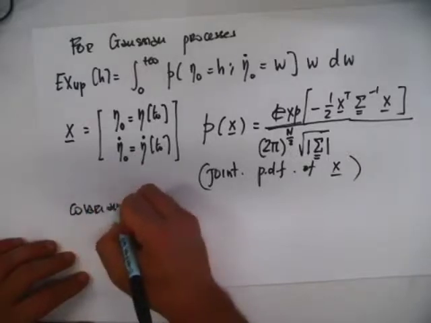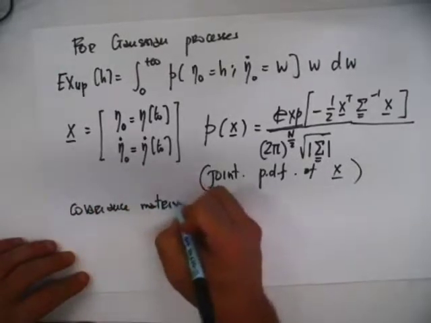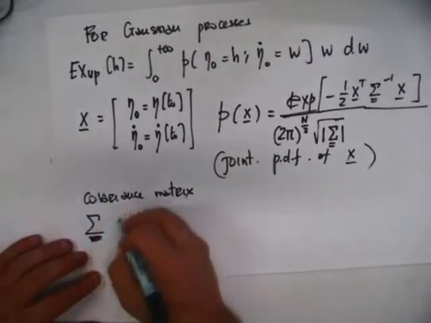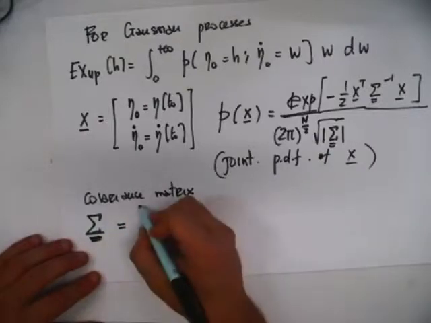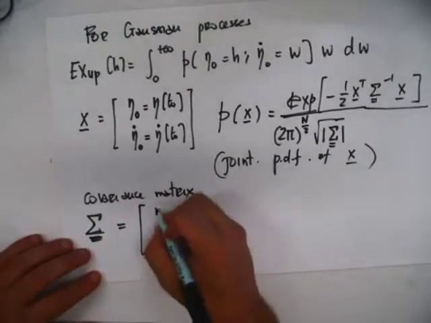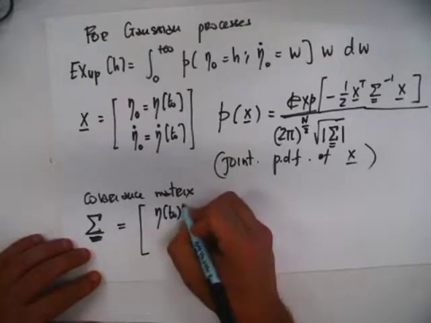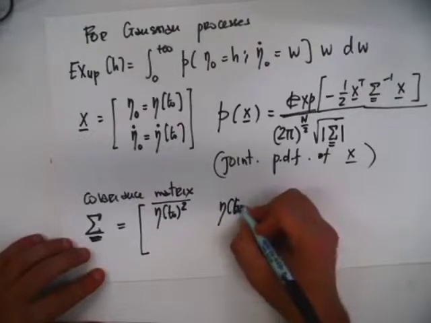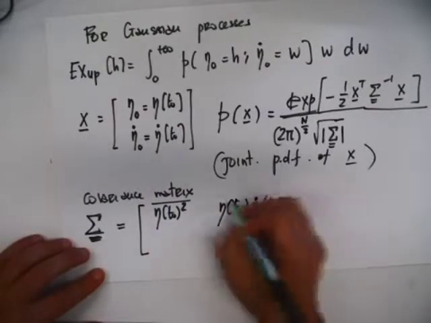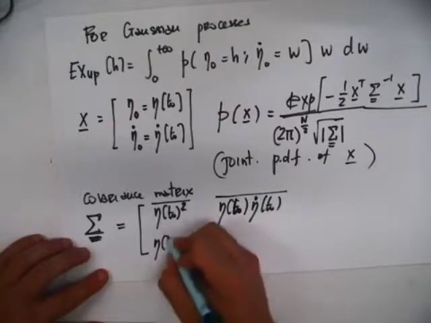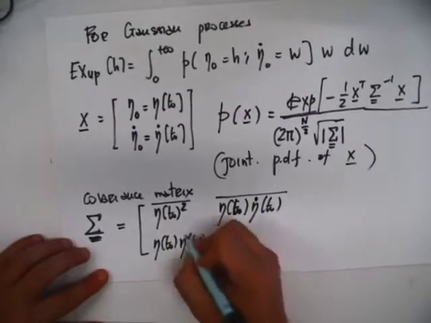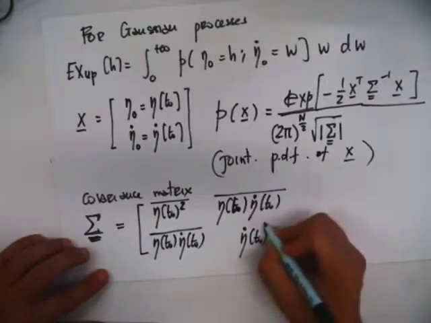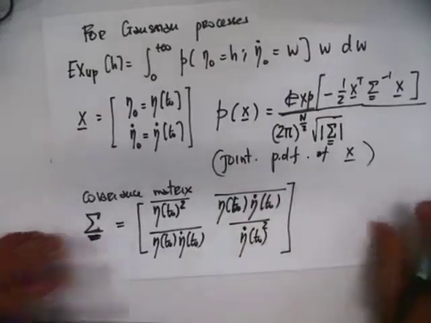So what is the covariance matrix gamma in this case? It is simply the average of eta t naught squared, the average of eta t naught times eta dot t naught, the same term here, and here the average of eta dot t naught squared.